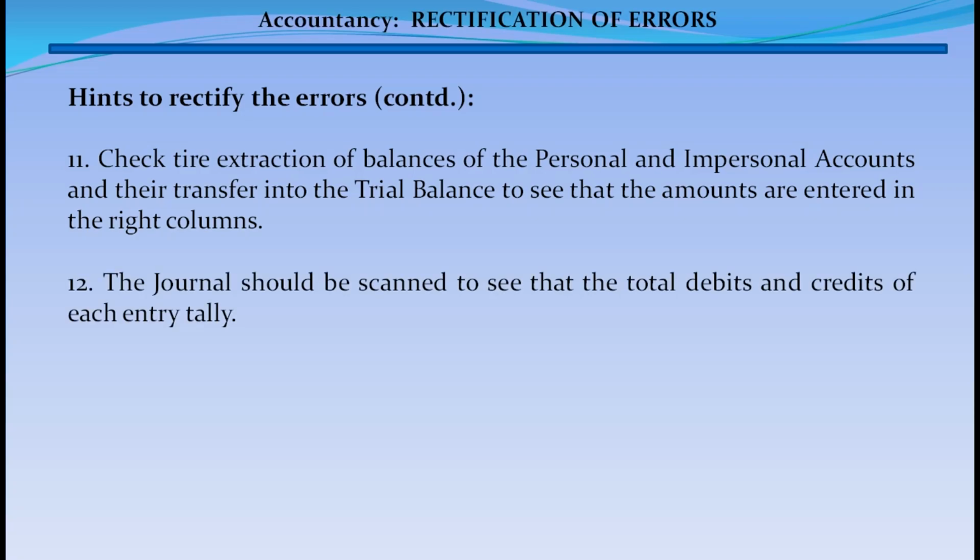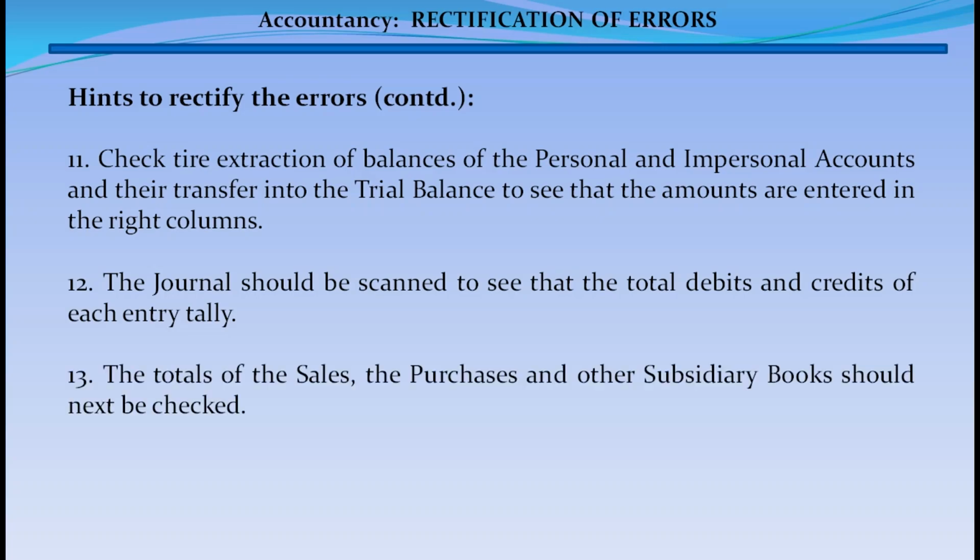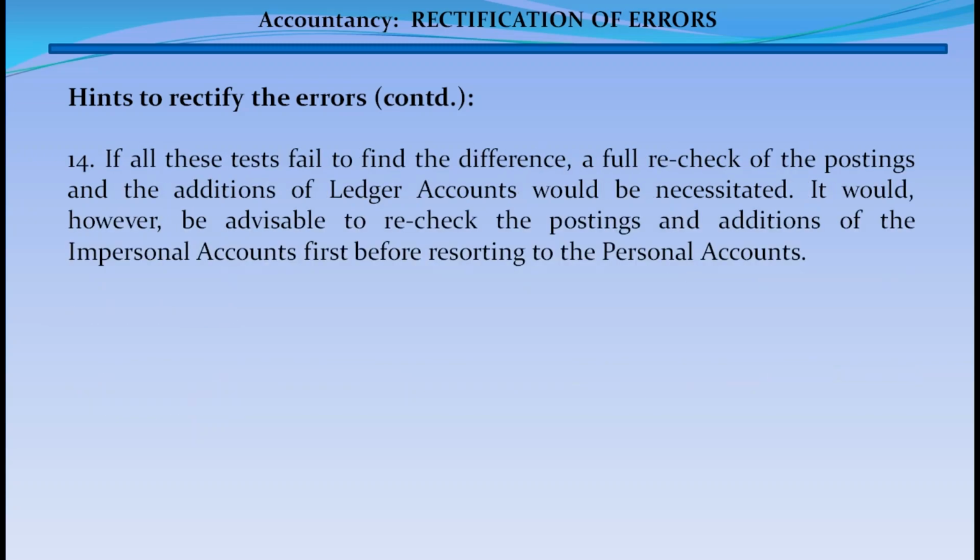12. The journal should be scanned to see that the total debits and credits of each entry tally. 13. The totals of the sales, the purchases and the subsidiary books should next be checked. 14. If all these tests fail to find the difference, a full recheck of the postings and the additions of ledger accounts would be necessitated.